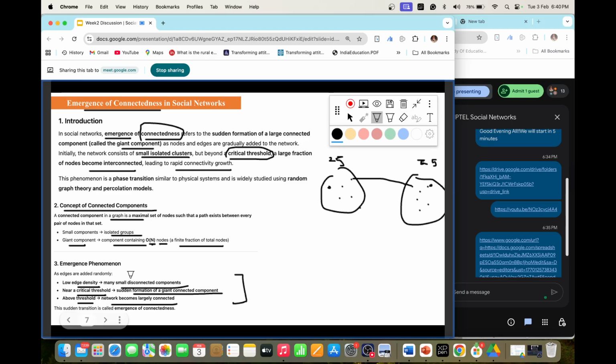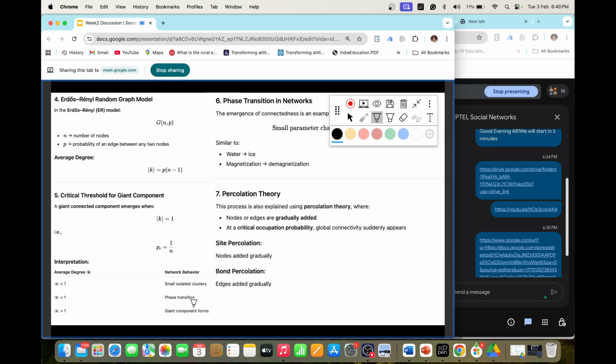Near a critical threshold, sudden formation of a giant connected component, and above this threshold, the network becomes largely connected. So this sudden transition is called emergence of connectedness. Okay, so this is the theory.